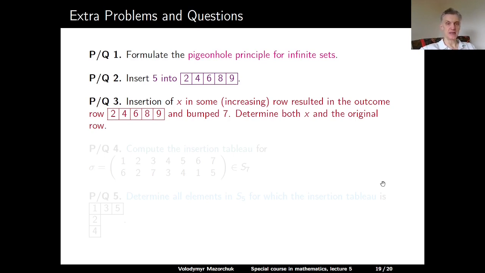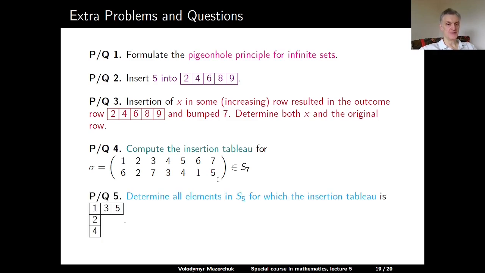Determine both x and the original row. Problem question 4. Compute the insertion tableau for the permutation sigma in S7, which looks as follows: 6, 2, 7, 3, 4, 1, 5. And problem question 5.